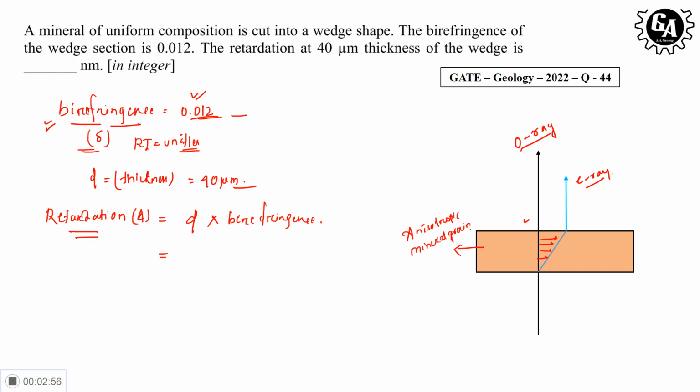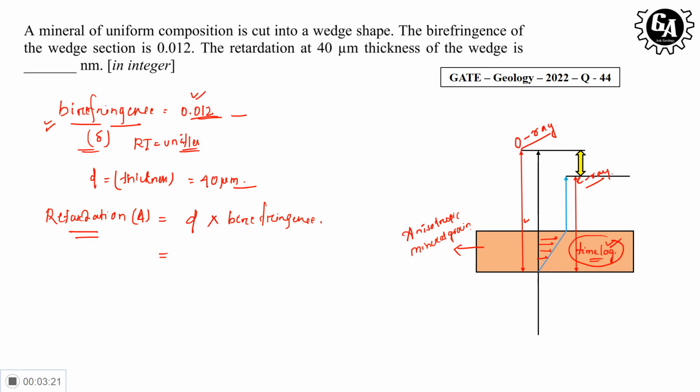But inside the mineral grain there is a time lag. Due to this bending, the E ray takes more time to cover the mineral grain, and this time lag, or the difference of time, is basically your retardation.